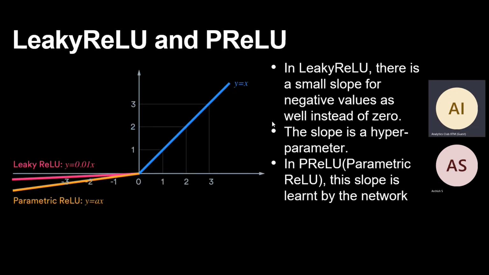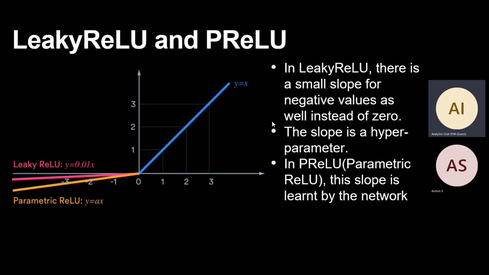One upgrade to rectified linear unit is leaky ReLU and parametric ReLU, abbreviated as PReLU. In leaky ReLU, instead of completely truncating the negative part of your output, you let a small portion of it through. You multiply it by a very small number, like in this image, where it's multiplied by 0.01.